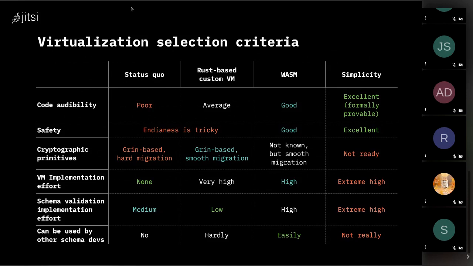I defined a number of parameters by which these alternatives can be analyzed, and I will run through all of them. Here, with the red color, I marked the worst option, meaning the alternative which has the worst performance under this criteria.